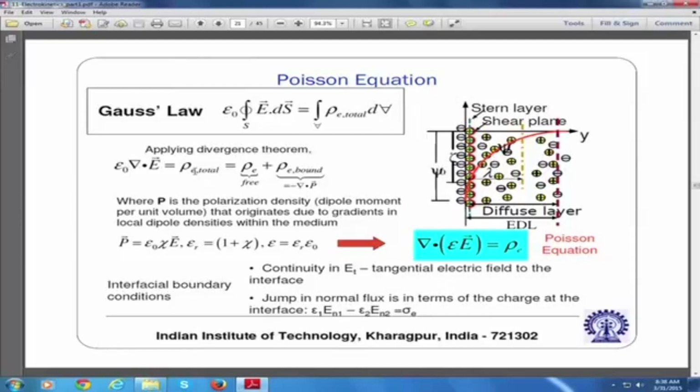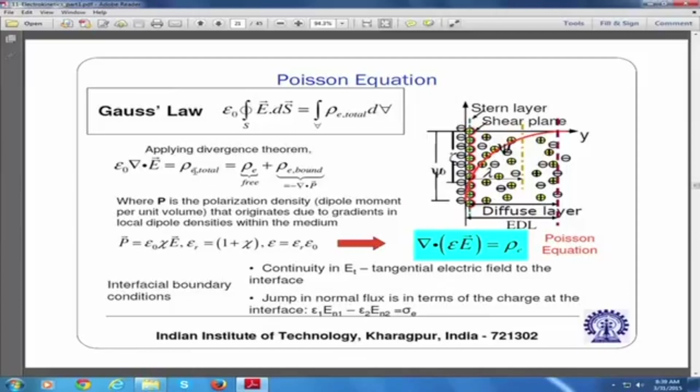Now the total charge density is the sum of the free charge density and the bound charge density. Some of the charge may be free and some of the charge may be bound to the surface.